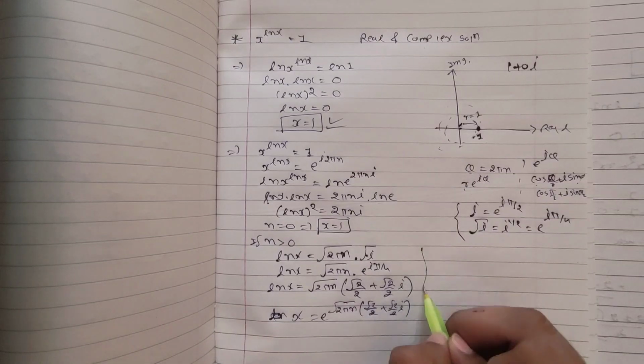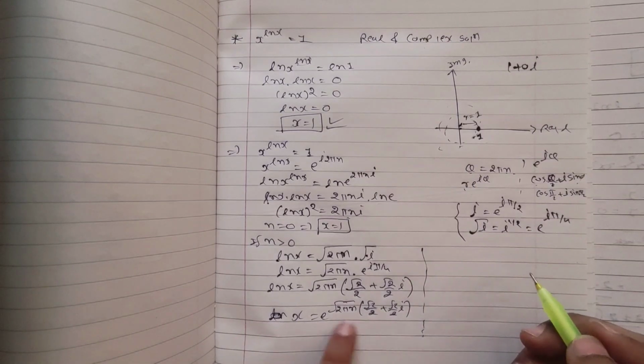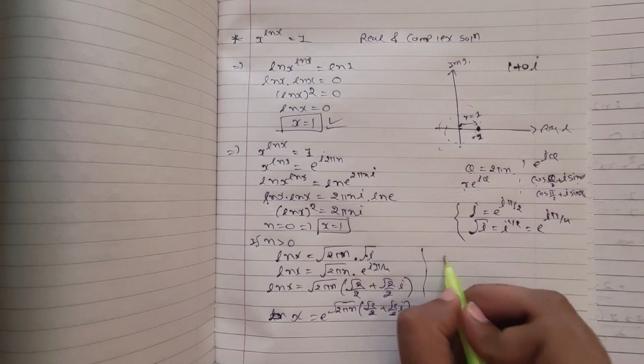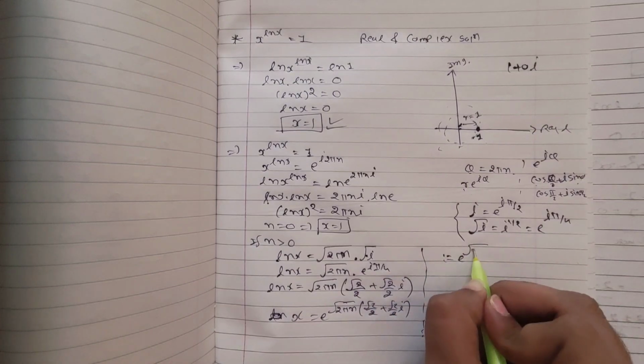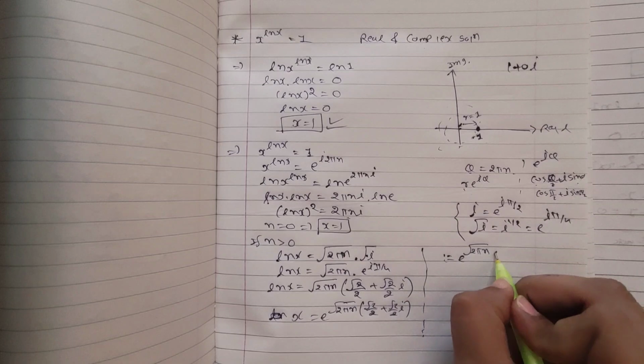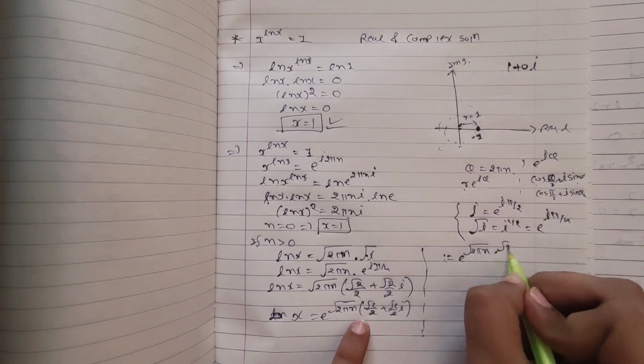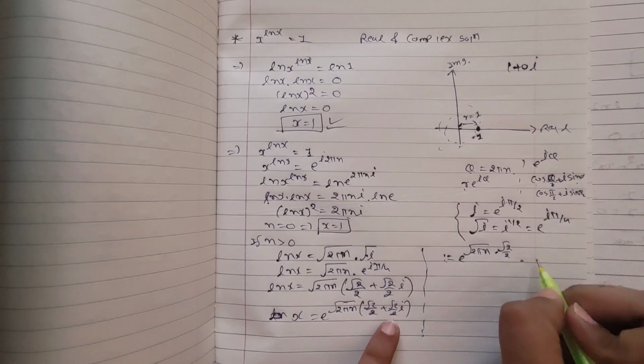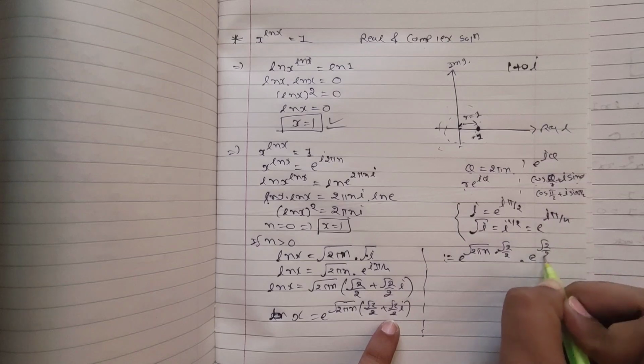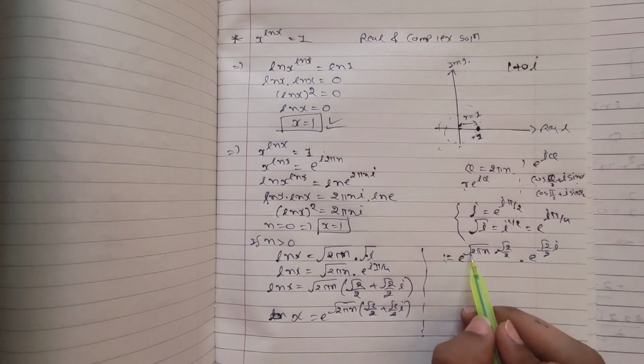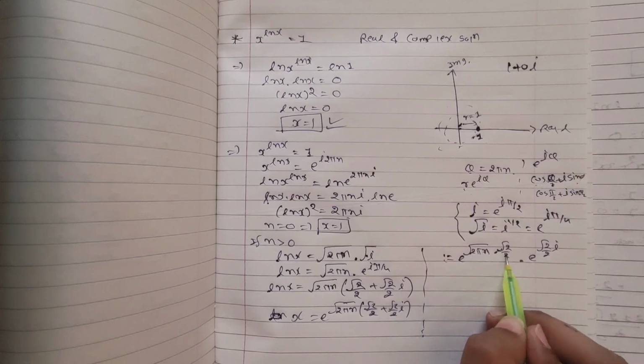Agree? Now, to simplify our solution, e raised to under root 2 pi n times root 2 by 2 stays, and I separate e raised to root 2 by 2 iota. Pay attention: if I multiply root 2 and root 2, it becomes under root 2 pi n divided by 2, so the 2 will cancel out.